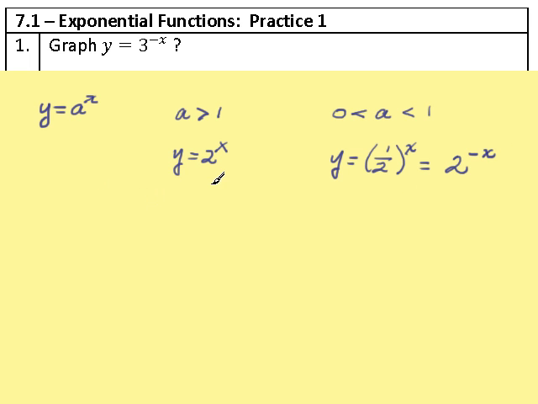And what do these look like? Well, something of this form, where a is greater than 1, is going to increase as x goes to infinity. All these graphs where a is greater than 1 go through 1 on the y-axis, because if we substitute in 0, we get 2 to the 0, which is 1. Anything to the 0 is 1, so they always go through 1.